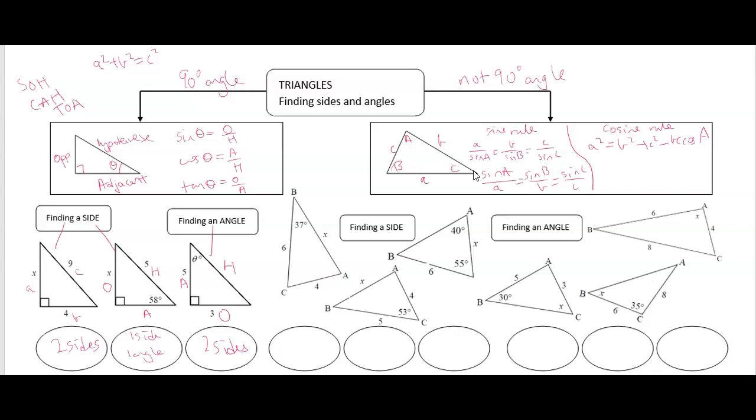It just depends on how you label your triangle. So if you were finding b squared, you would use your angle B here. Just remember the letter a sticks with the angle A. If you're finding b, you use the angle B. If you're finding side c, you'd use angle C.